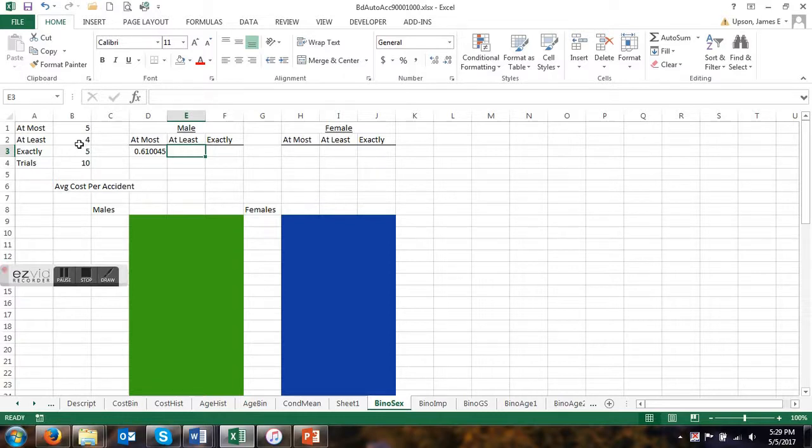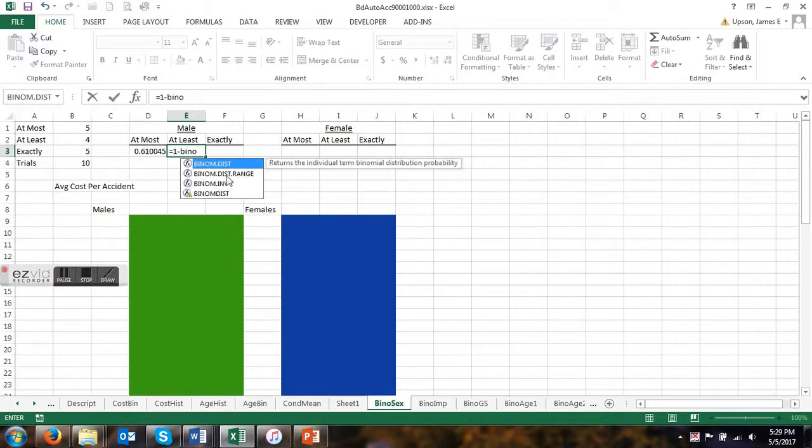So then we're talking about at least. So at least means there's at least 4. So we have 1, 2, 3, and 4. But we also have 5, 6, 7, 8, 9, 10, so almost from 0 to all. What that means is we want 1 minus, and I want to type it, equal to 1 minus, and then we're going to do our BINOM, and that's the distribution that we're interested in.